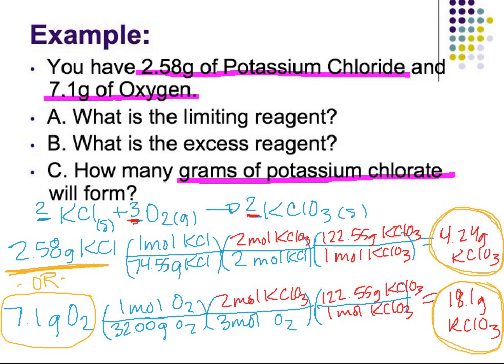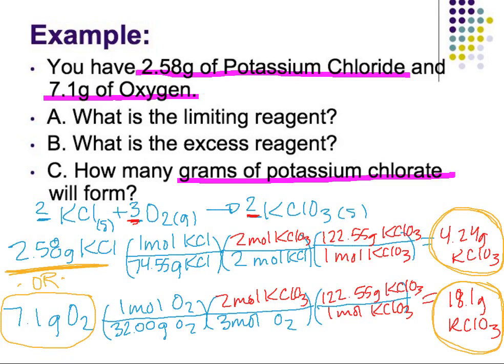So which one can we do? Well, either we could make 4.24 grams of product, or we could make 18.1 grams of product.